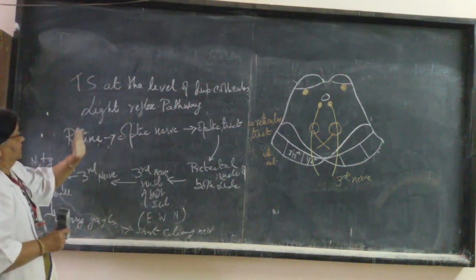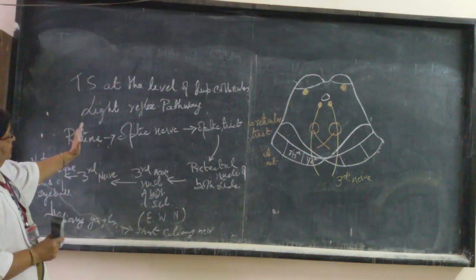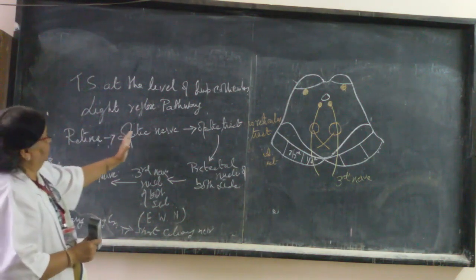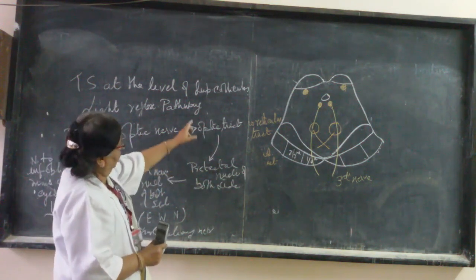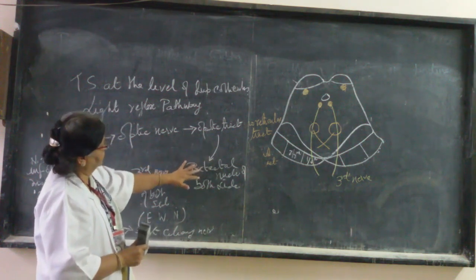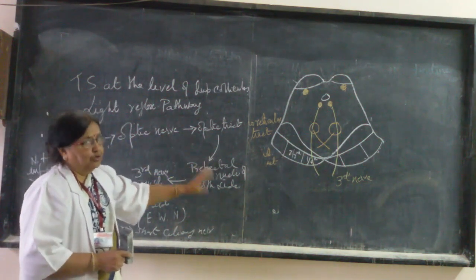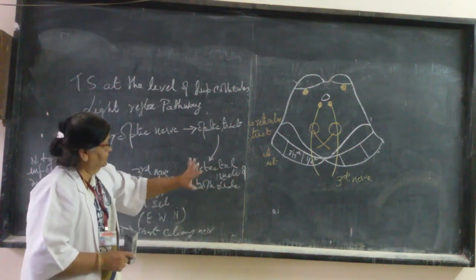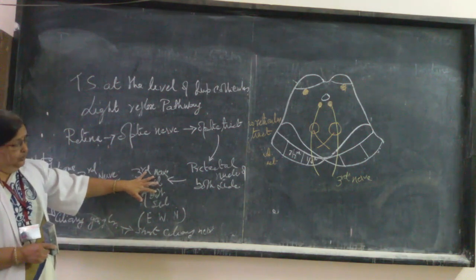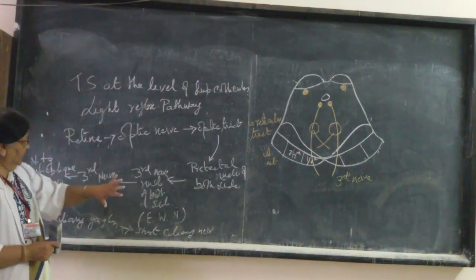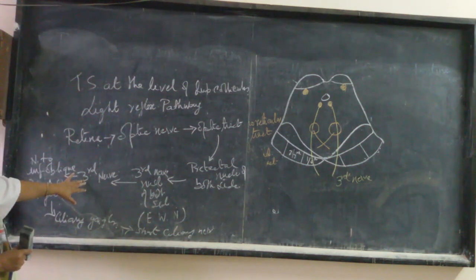Suppose light is thrown on the right eye. This will go to the retina and then the optic nerve and optic tract of the same side, and from the optic tract the fibers go to the pretectal nuclei of both sides. From the pretectal nucleus, the fibers pass to the Edinger-Westphal nucleus of both sides, and fibers from the nucleus emerge as the third nerve.